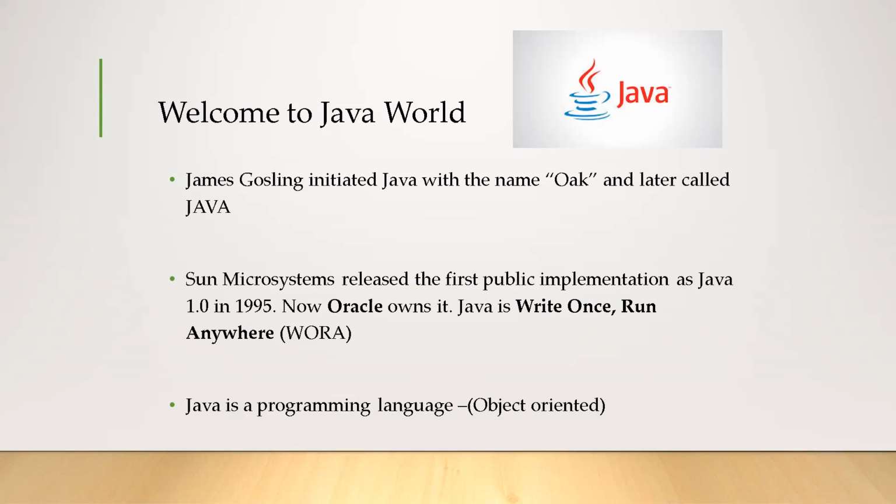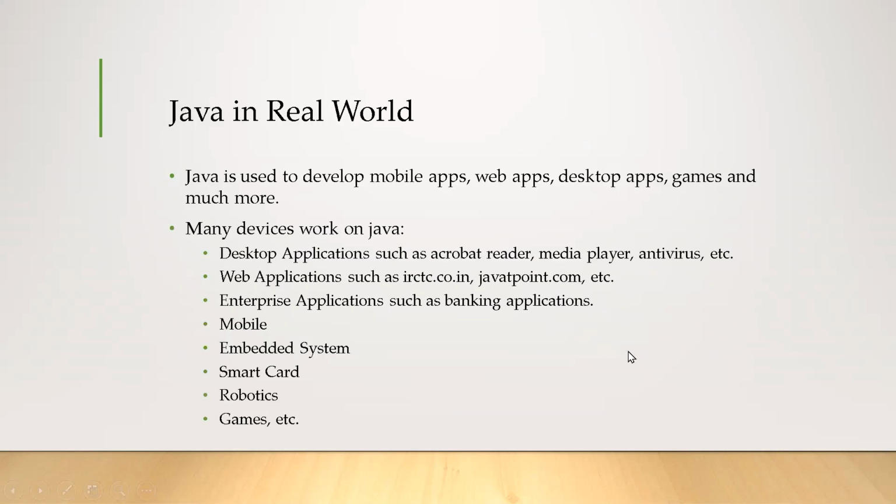For example, a vehicle moves, has wheels, has a brand. All those are object properties, and the same properties of an object can be represented in the form of code. That is the reason we create objects in Java, and call it an object-oriented programming language. Clear, Harun? He asked me to repeat it, so I just repeated. Yes, ma'am, it's clear. Okay, thank you.